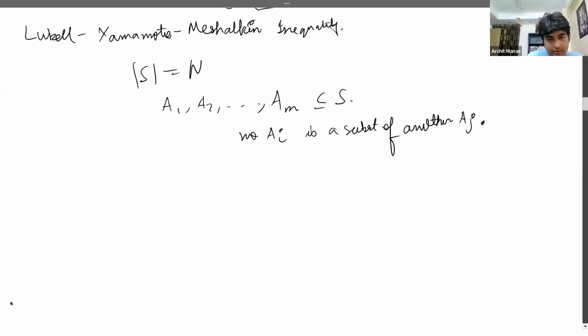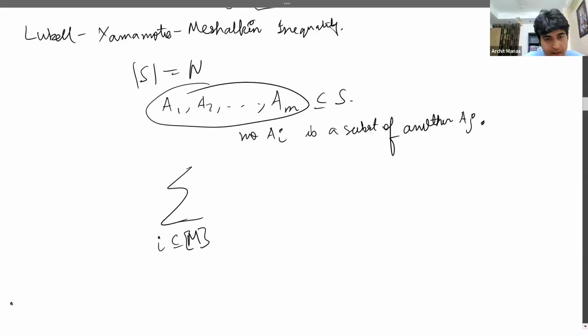Then, so you'll find that families of these sets are called anti-chains. The sum over i in M of 1 by n choose Ai is at most 1.